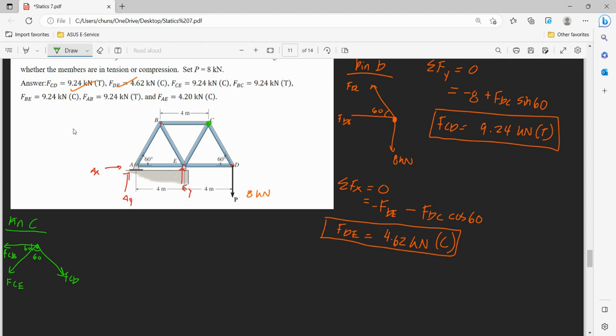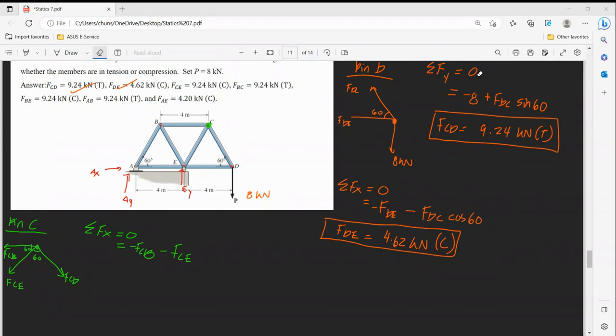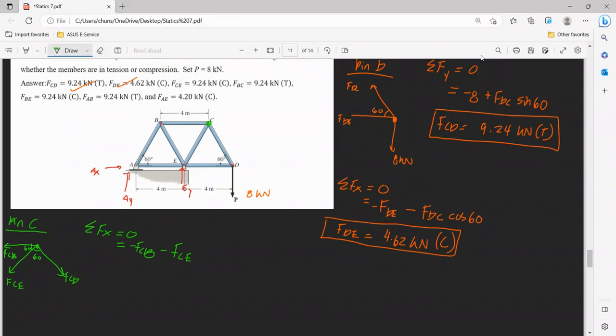Okay, so I would start with our x. This is negative FCB. And this is minus FCE. It's cos 60.